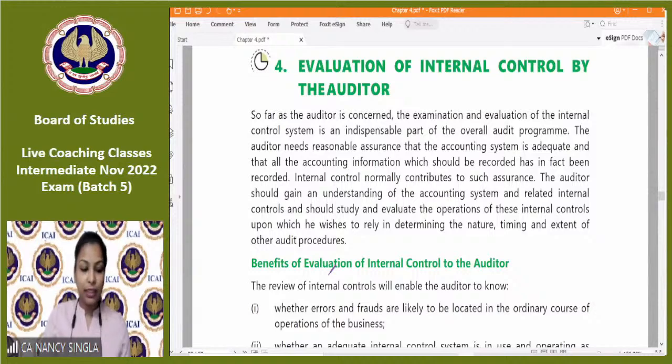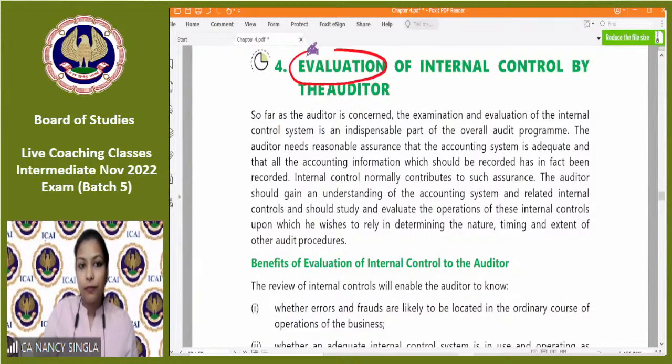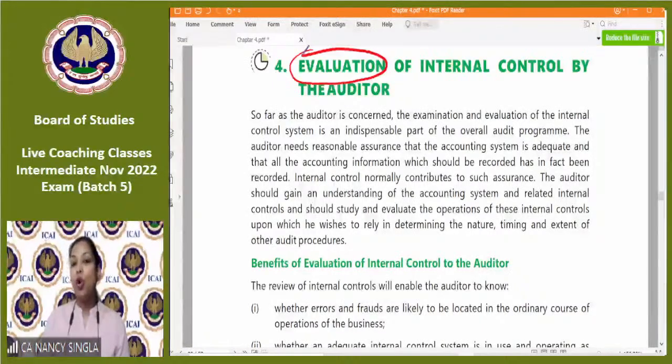Now the next topic is evaluation of internal control by the auditor. Quickly tell me, what do you understand by the term evaluation? I need answers from all of you. Karthik is saying clear, Kota is saying clear, Dhanalakshmi, Hitesh, Hiral, Radhika, everything is clear.